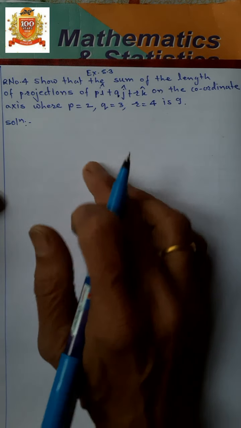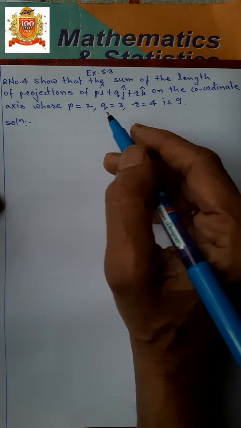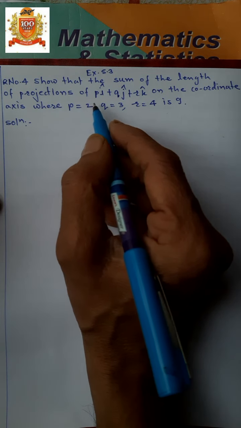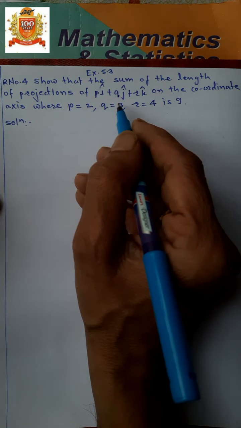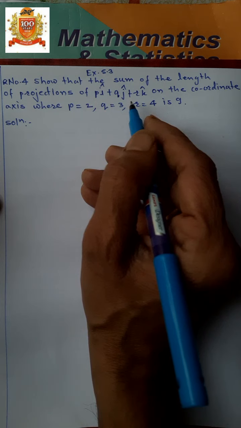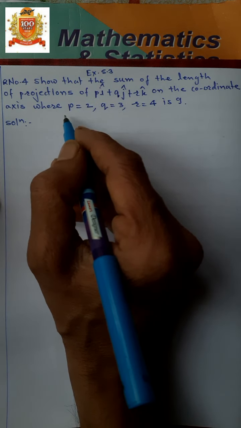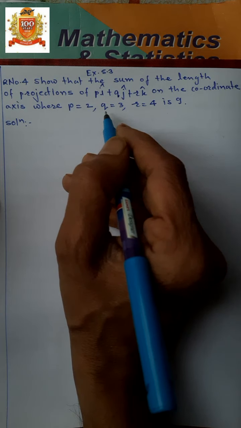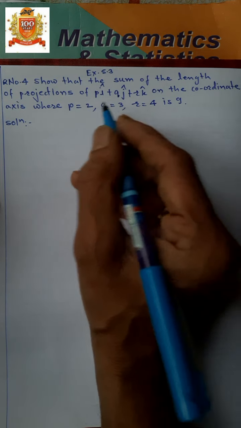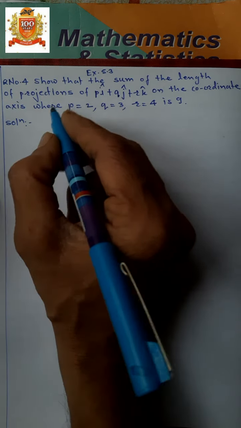Show that the sum of the length of projections of p i plus q j plus r k on the coordinate axis, where p is equal to 2, q is equal to 3, r is equal to 4, is 9. Let us solve this question.